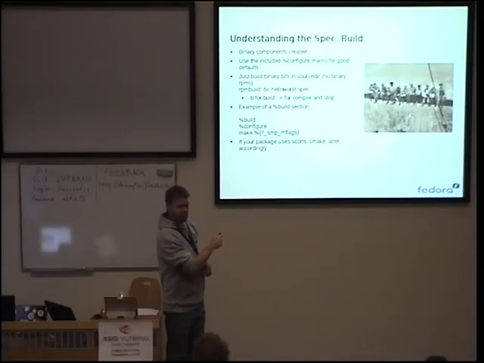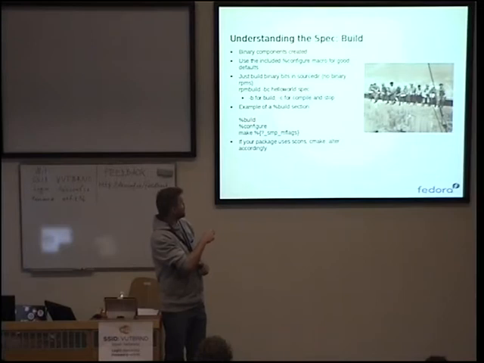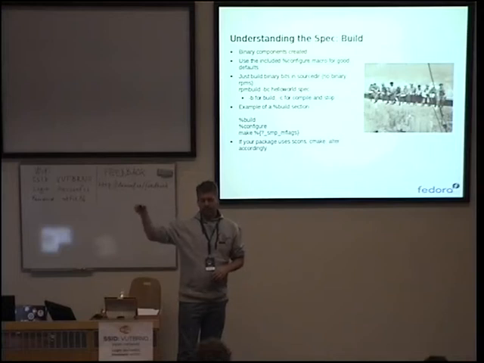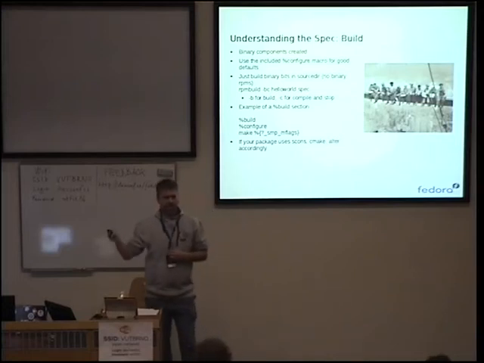It will take the preamble, the prep step, and the build section, and stop immediately after the build section. So you can go into the rpmbuild/BUILD directory and investigate what's there and how to continue.